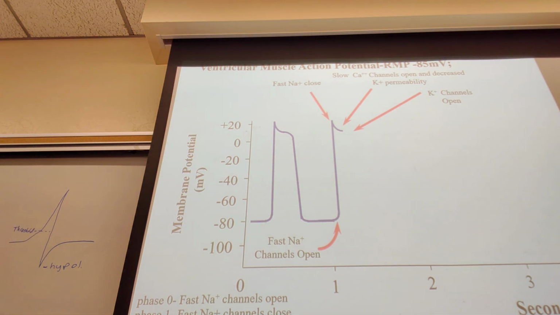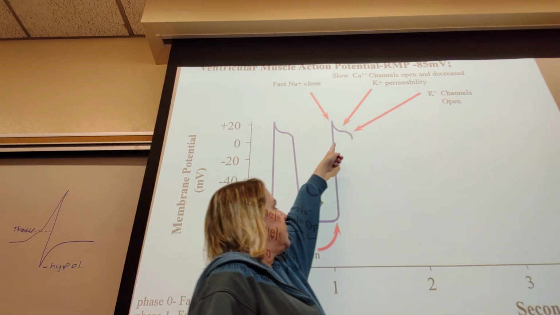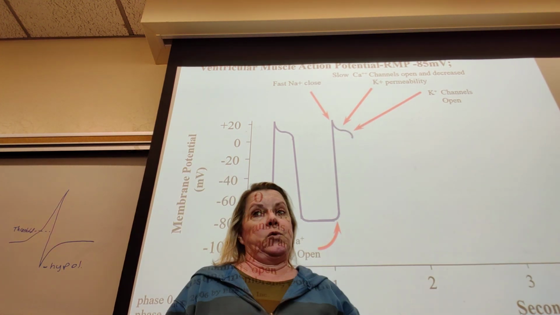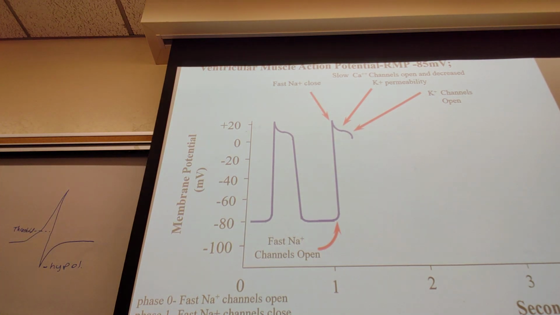But then we have calcium channels opening and potassium leak channels decreasing in their permeability. So we have this plateau phase right here, phase 2, where we have calcium coming into the cell.